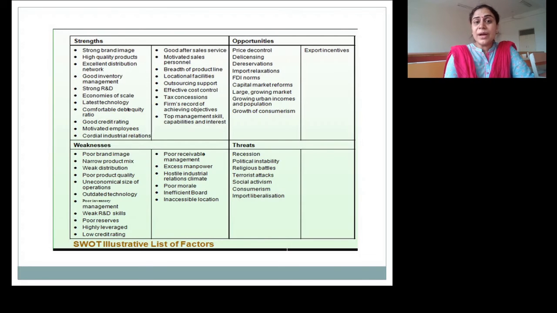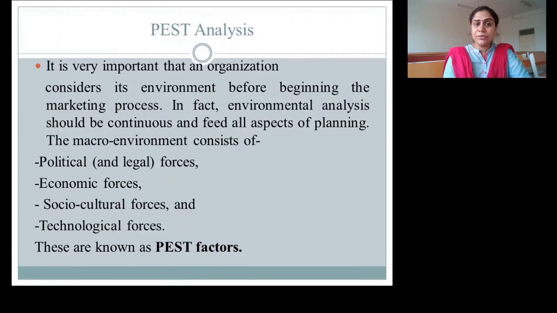Like price decontrol, delicensing, dereservation, FDI norms, capital market, large growing market, growth of consumerism, export incentives, etc. Threats can be recession, pandemic, political instability, terrorist attacks, social activism, and import liberalization. Certain strengths, weaknesses, opportunities, and threats can be identified broadly for a company.